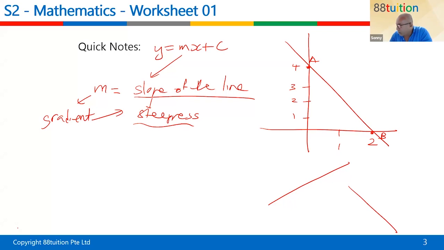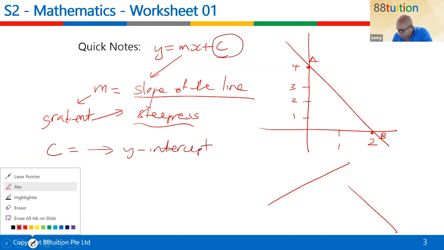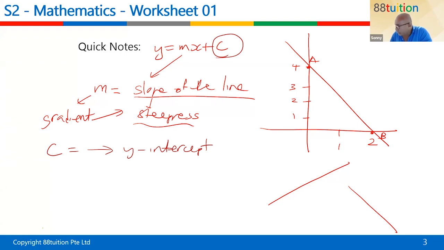The next thing is, what is C? They call it y-intercept. What is y-intercept? Now, this is a different color. You see this point A?